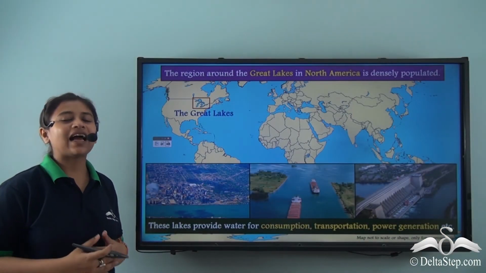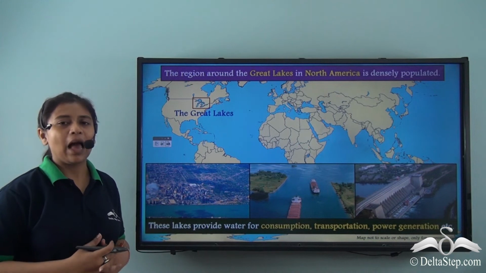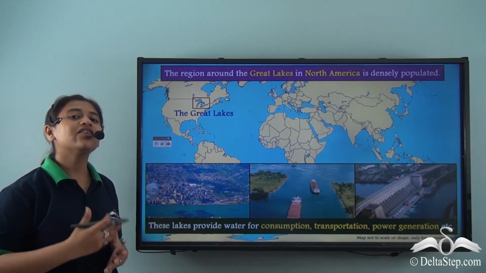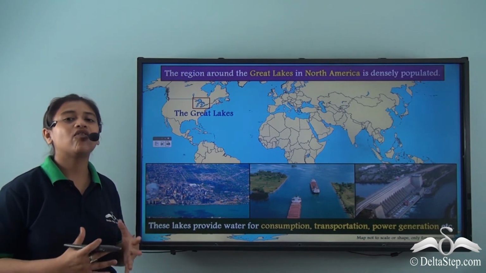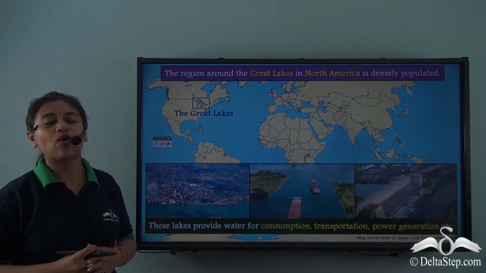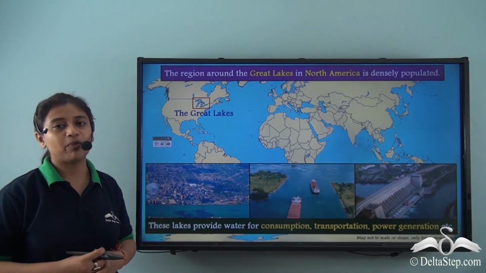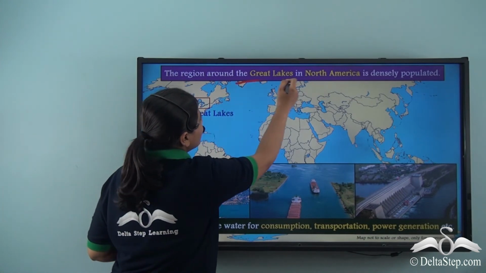So we saw that climate also plays a very important role in influencing the density of population. But besides that, we have another example of a very important factor, and that is the supply of water. An ample supply of water also plays a key role in influencing the density of population. An example of this is the region around the Great Lakes.